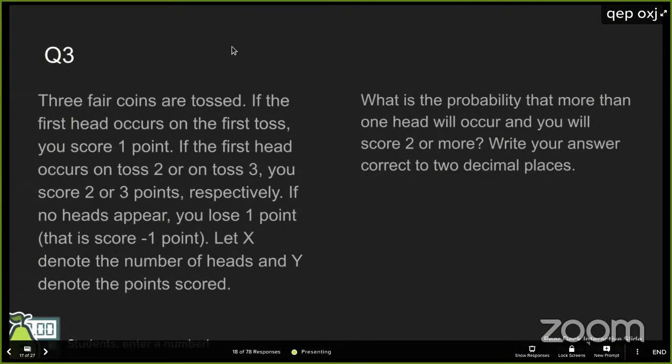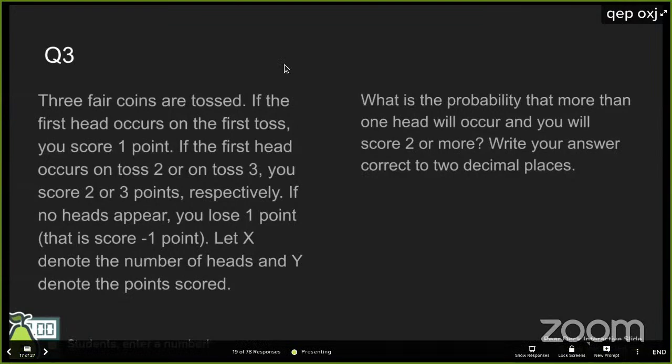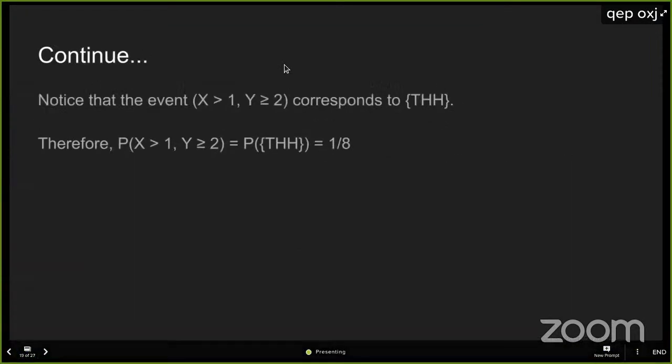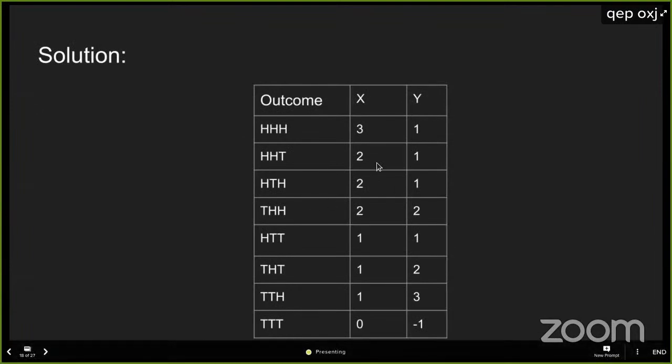Shall we see the solution? Yes, sir. Solution. Okay, so what I already mentioned is we can prepare a table like this. If 3 heads are there, we have 8 outcomes.